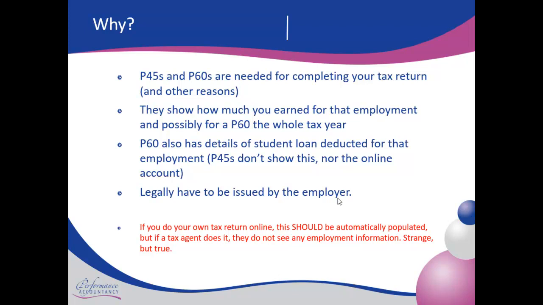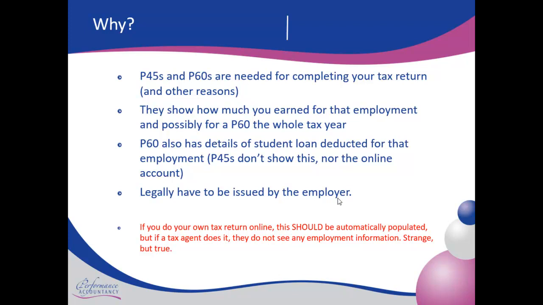So we said they're needed for the tax return. That's great. Now, if you do your own tax return, these fields in the tax return employment section should be populated ready for you.